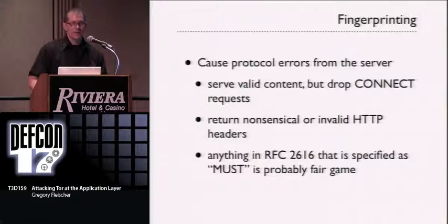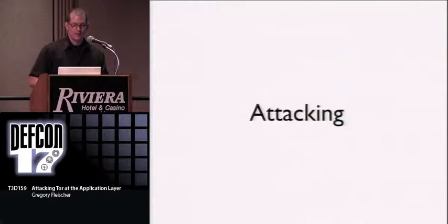But even if the client side is fixed, we can still cause errors from the server side. We can generate requests, but then drop them on a connect, or we can return completely invalid or nonsensical HTTP headers. So anything in RFC 2616 is probably fair game for these type of attacks.